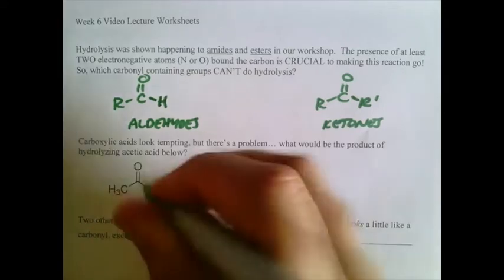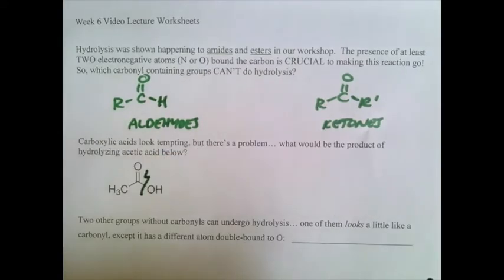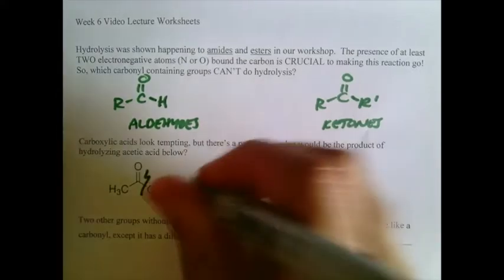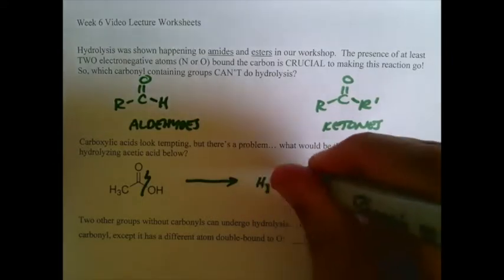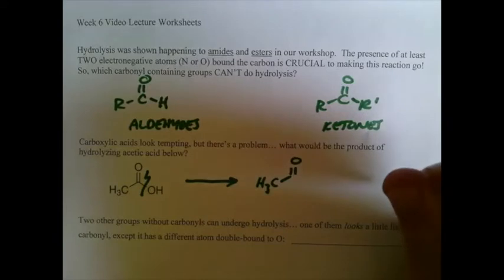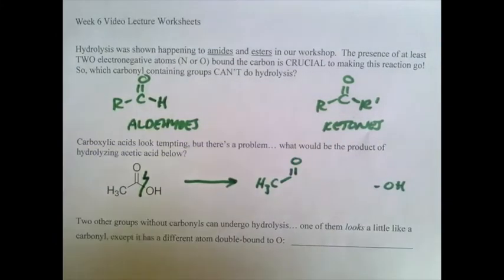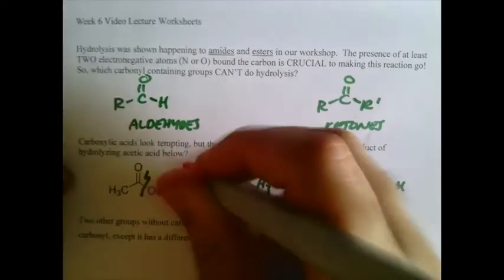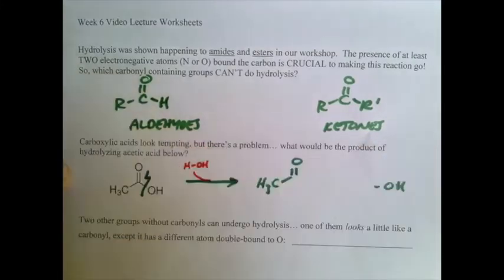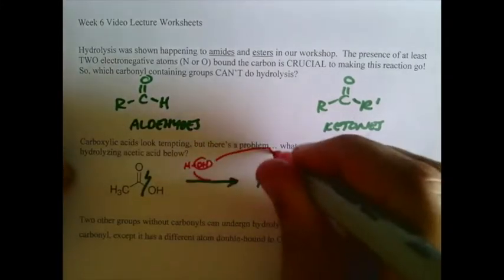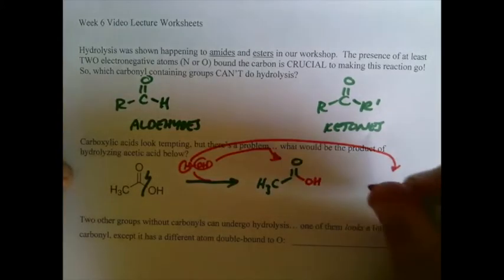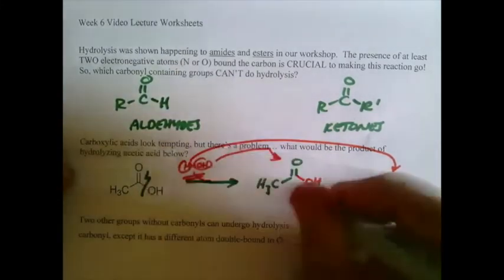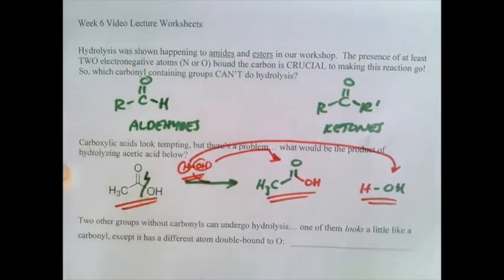If I take the carboxylic acid and I cleave the same way I did with the amide or with the ester, and I add water across this single bond as I split it, then the result is going to be this half, obviously, of the original molecule, and then I'm going to use my usual logic, which is that the water, HOH, is going to add such that the OH goes onto the carbon, and the H goes onto the oxygen. And lo and behold, my products are going to be water and the same carboxylic acid I started with.